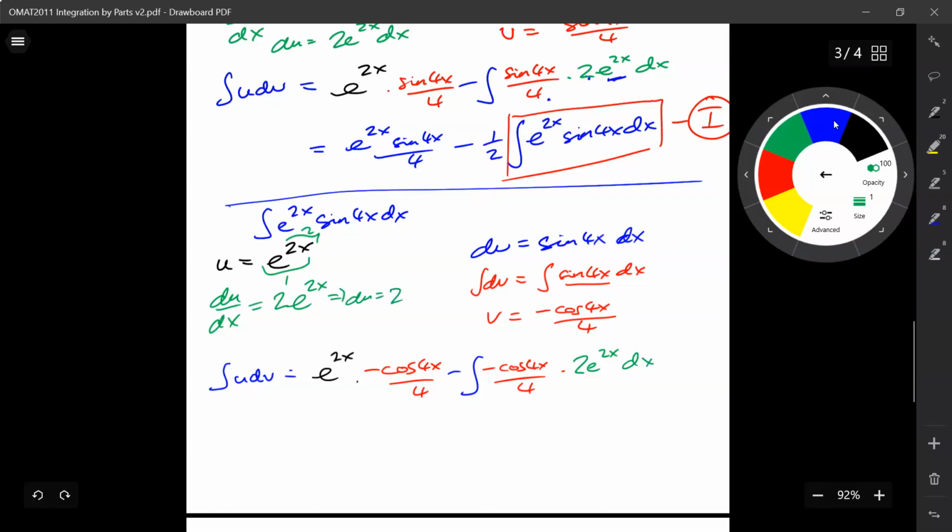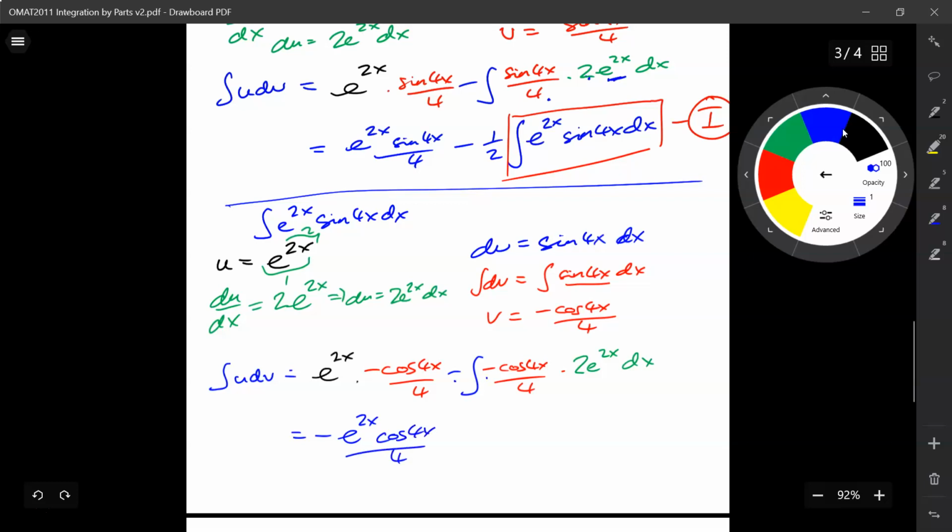So du is 2 times exponential 2x times dx.